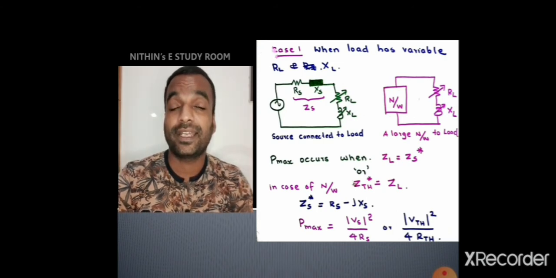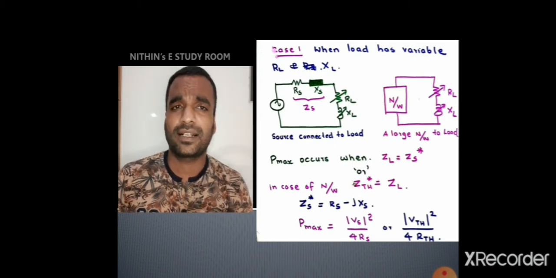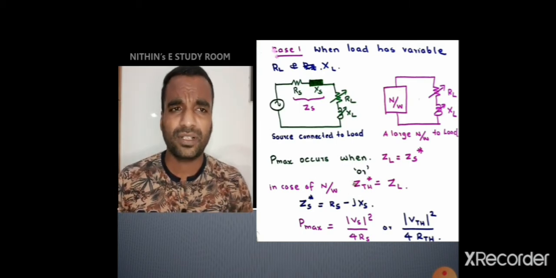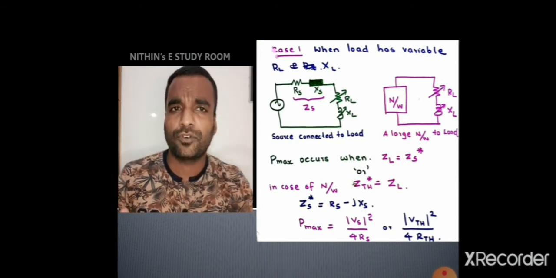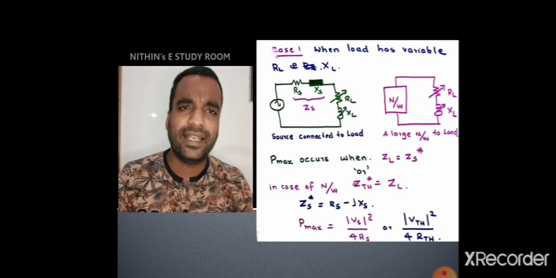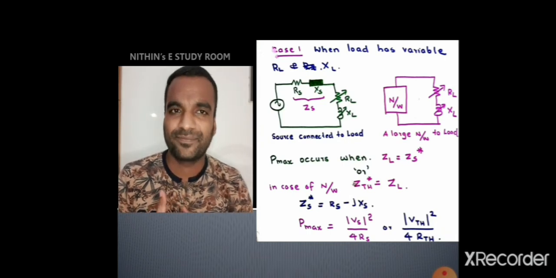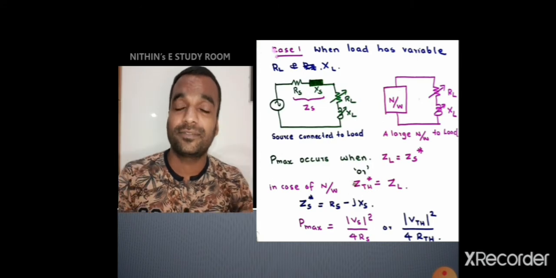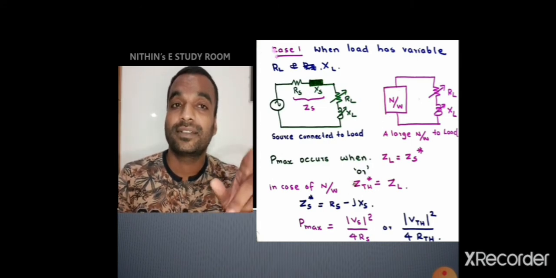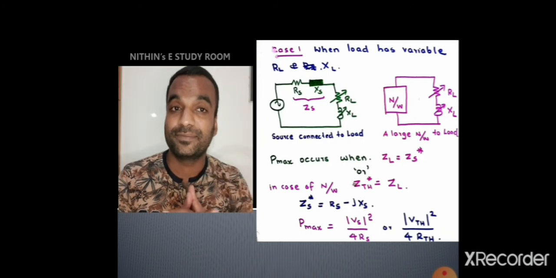Don't take the a plus bi form. For example, if that is 100 angle 10, I am not saying the exact value, suppose if you convert it to rectangular form, you may get some 90 plus 5j. And if you try to take the magnitude from that, writing that it is equal to 90, that's wrong.